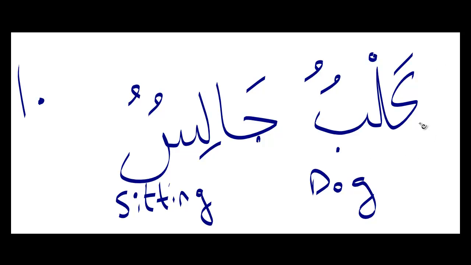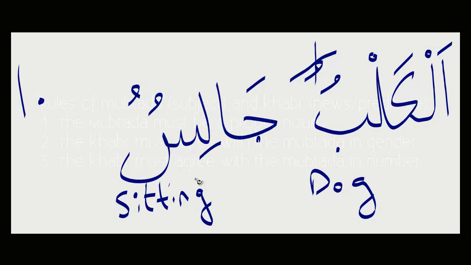Because the mubtada, the first word in the sentence, is not a proper noun. And so what you have to do is, just like we did in the beginning, we add the alif lam. And once we add the alif lam, kalbun becomes al-kalbu, and we remove one of these dhammas. Okay? And so the meaning of this sentence becomes the dog is sitting instead of just a sitting dog.